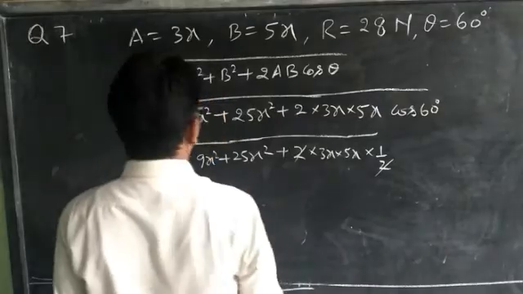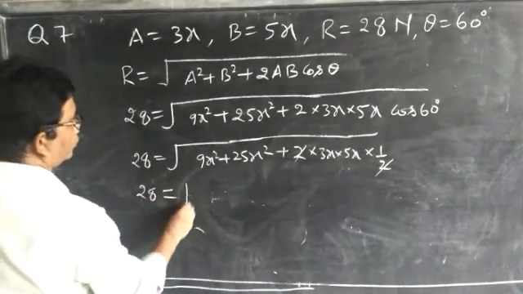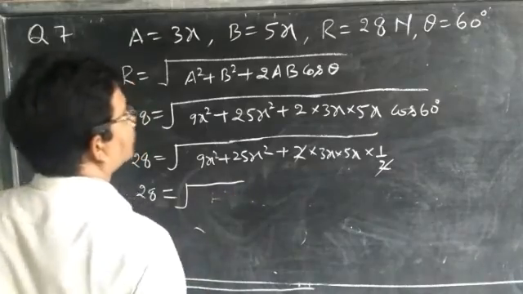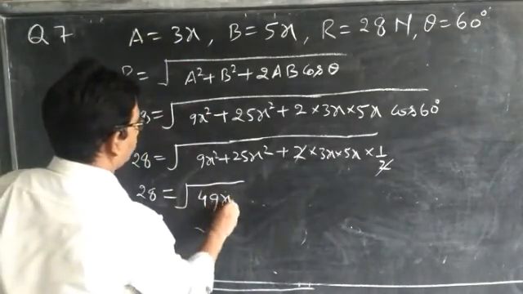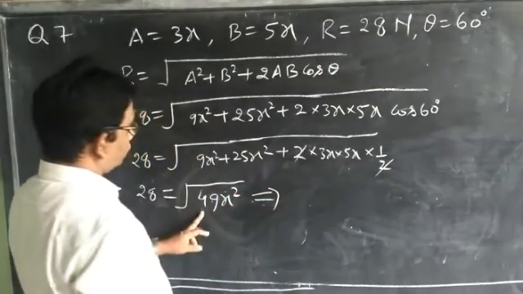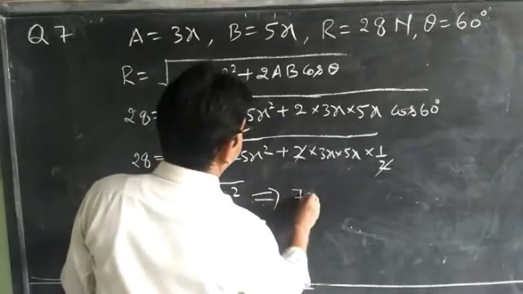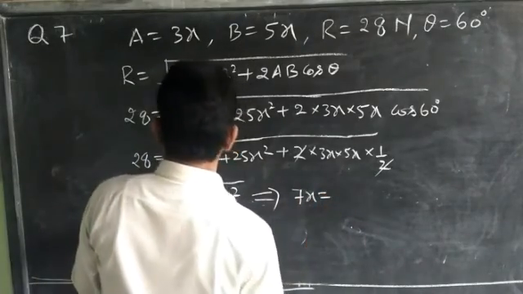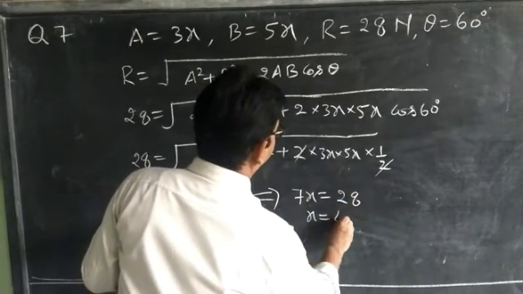Cancel 2, then 28 is equal to under root 49x square. You can write square root of 49 as 7x, and 7x is equal to 28, so x is equal to 4.